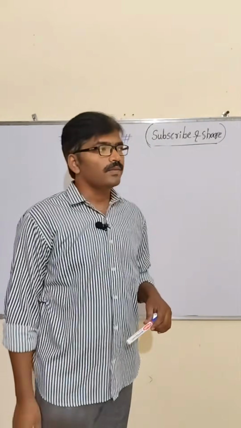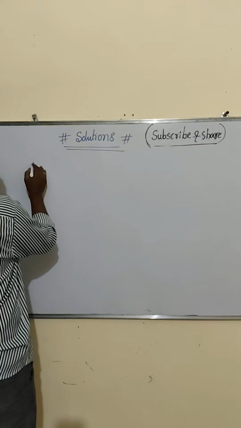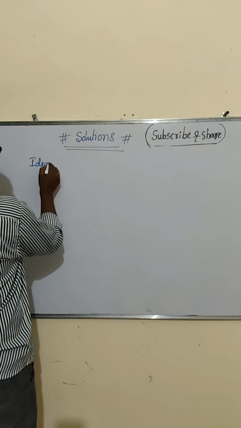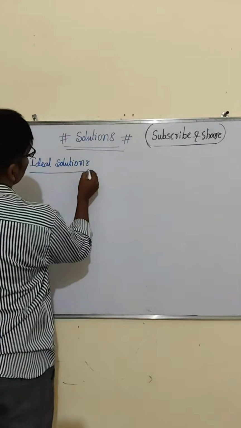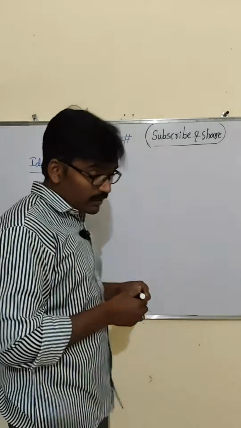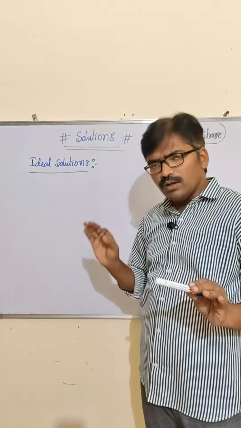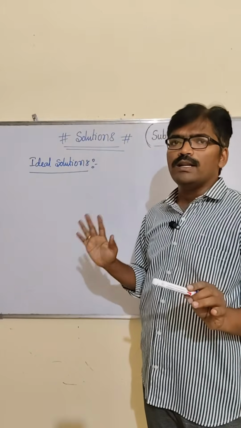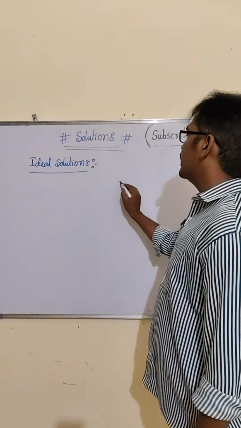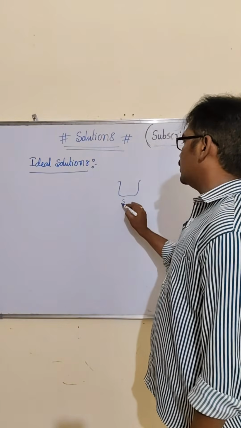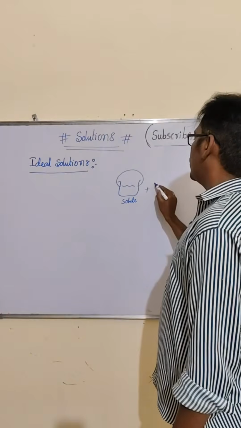Right? Clear? Yes. So now first we are going to discuss solutions, in that, ideal solutions. What are the ideal solutions? We know very well that the solutions which follow Raoult's law, we call them ideal solutions. But remember, while making a solution, a solute will be there, plus the solvent we have taken.